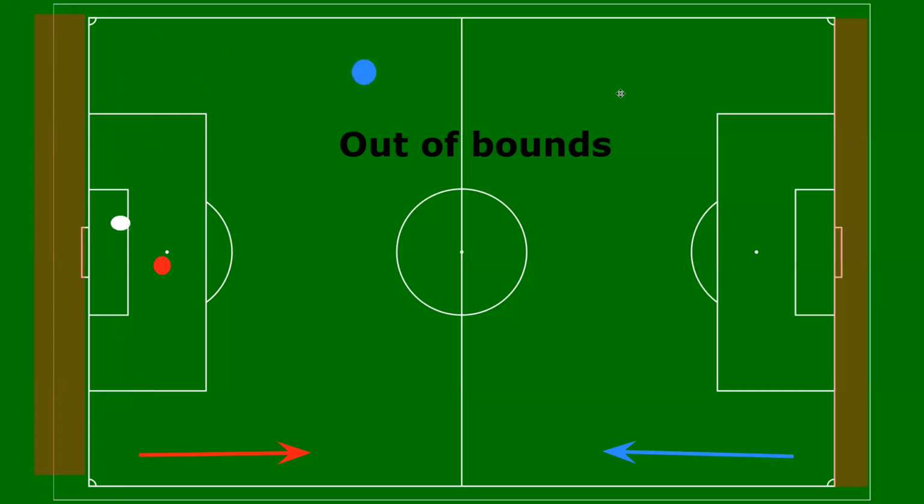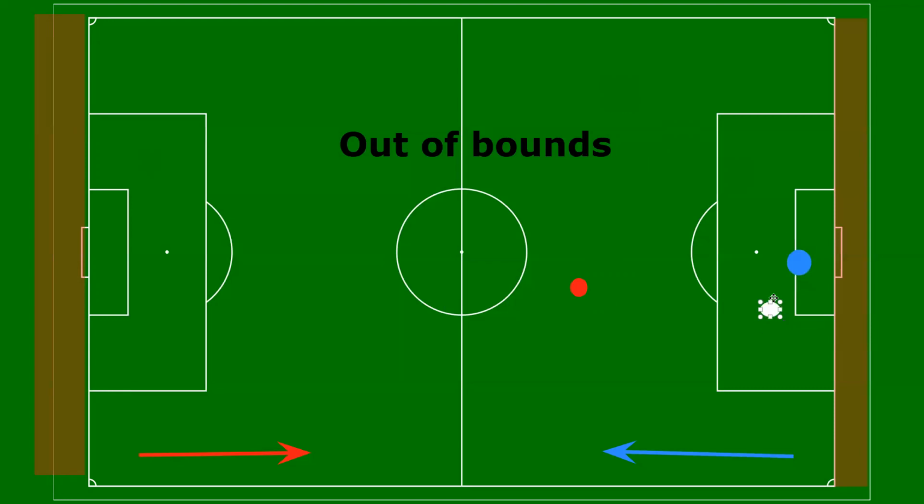If I go to the other end, it works the same way. Let's say red team has the ball down here and is moving this way, so red team is on offense. If the ball goes out of bounds on red team, then blue, which is on defense, gets a goal kick.